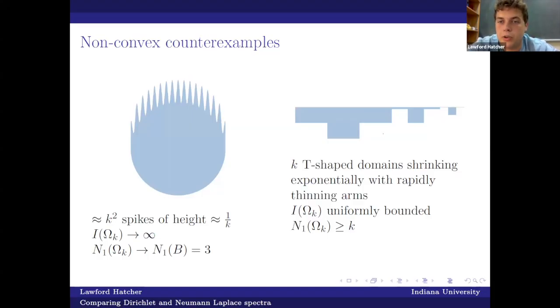But using a test function argument, where you construct test functions whose L2 mass is mostly supported in each blob, you come up with k test functions, each of which has its mass supported mostly in the thick part of the T, and it decays to 0 in the thin part of the T. This gives you a nice test space of functions that shows all the Neumann eigenvalues are very small compared to the first Dirichlet, and so you get that n1 of omega k is at least k. So we get a counterexample to the opposite inequality.